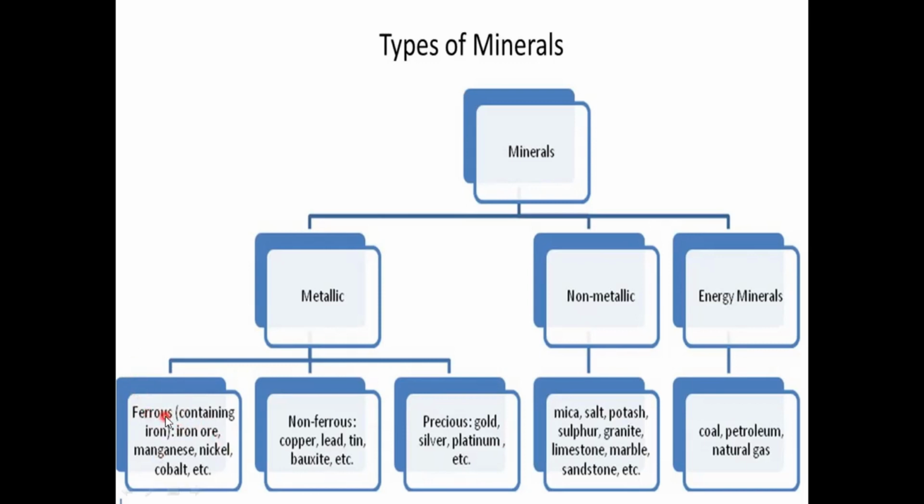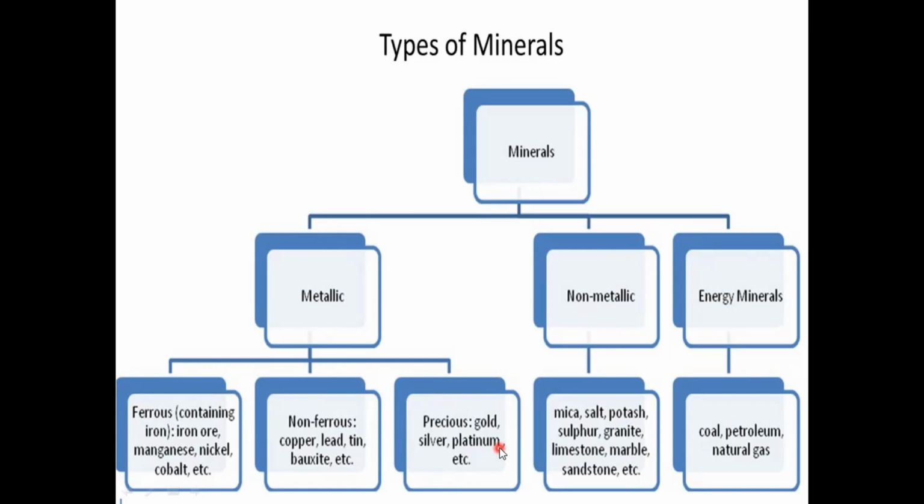Ferrous, that is Fe, contains iron content, and such minerals are iron ore, manganese, nickel, cobalt, etc. Whereas non-ferrous minerals do not have iron content, like copper, lead, tin, bauxite, and the other category is the precious metals, like gold, silver, platinum, which are found in purest form, and after extracting, you can directly utilize them.